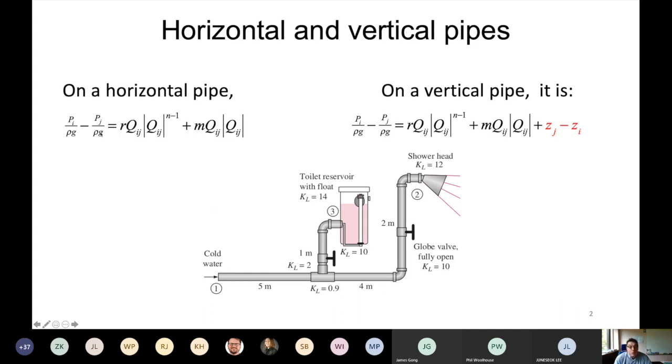And when we are looking at the energy conservation on the horizontal pipe, the difference of pressure head is explained by the frictional head loss and the sum of the minor head losses. And on the vertical pipes, we have to add the weight of water, so the difference of elevation here.